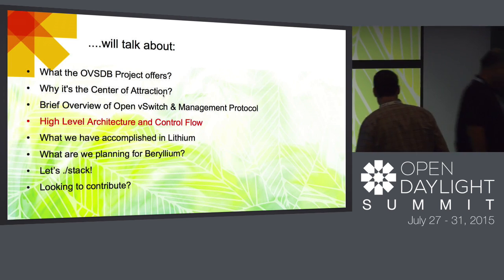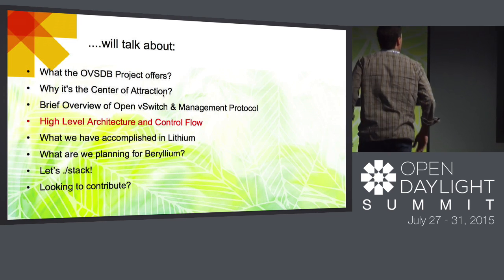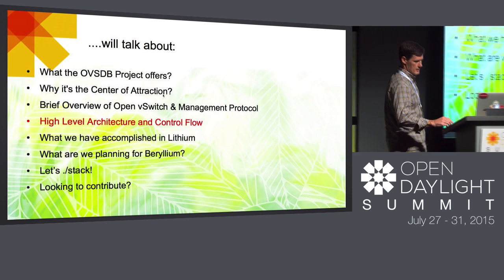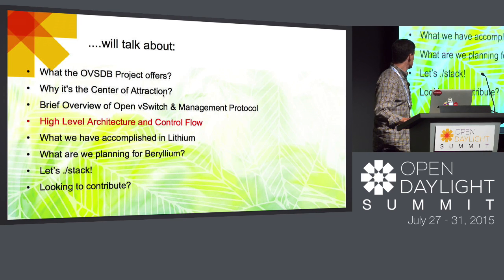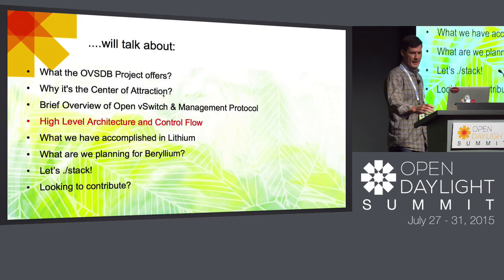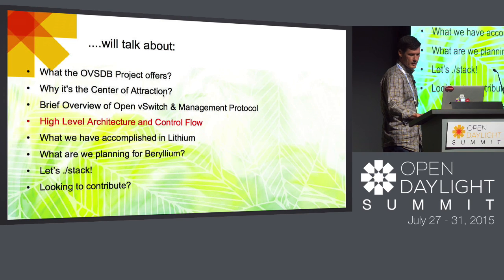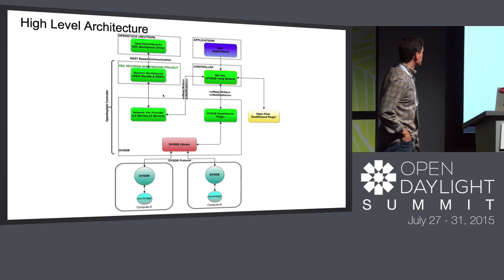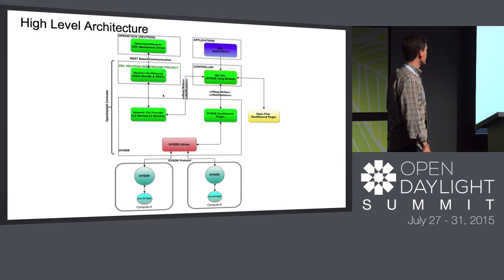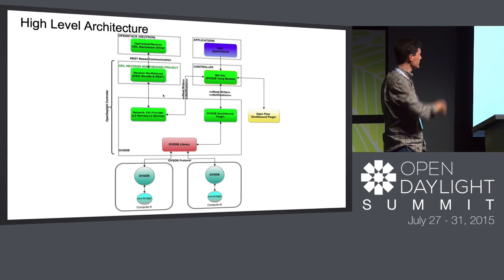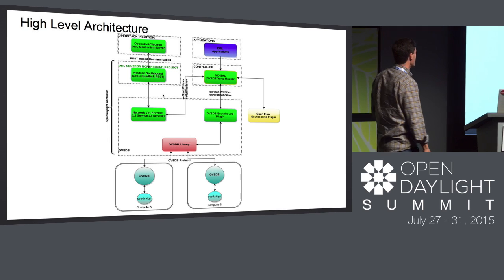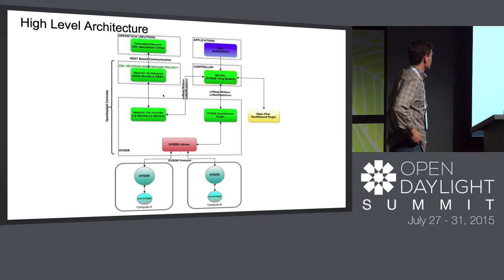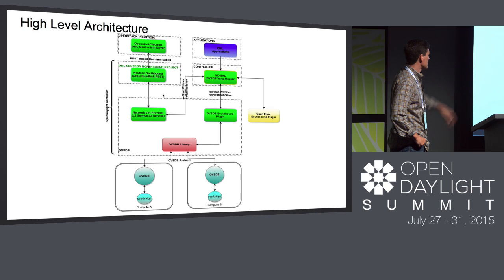Thanks, Anil. Okay, so we'll go through the high-level architecture and the control flow. See the picture, it's a typical SDN architecture: applications and northbound APIs at the top, the service logic in the middle, and at the bottom you're pushing out to the switches.